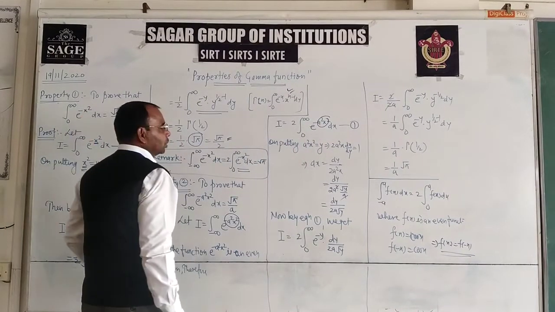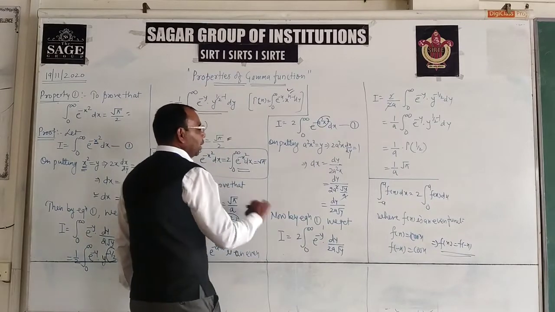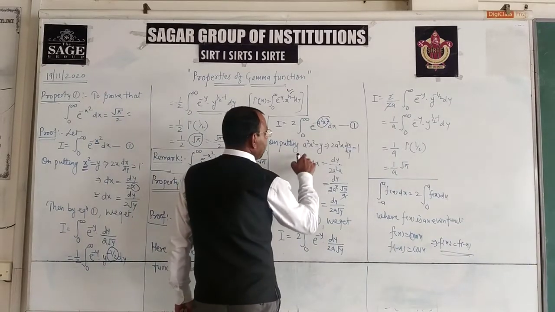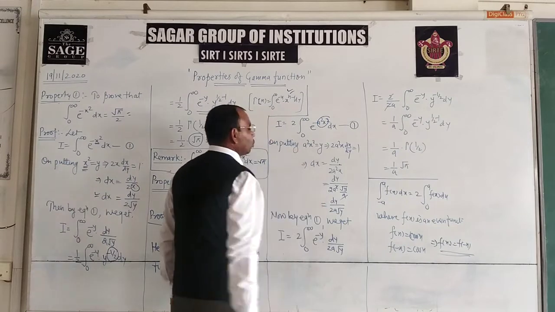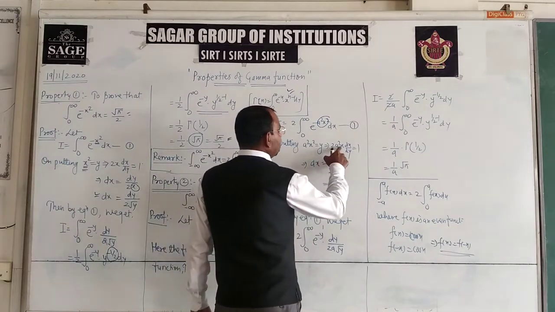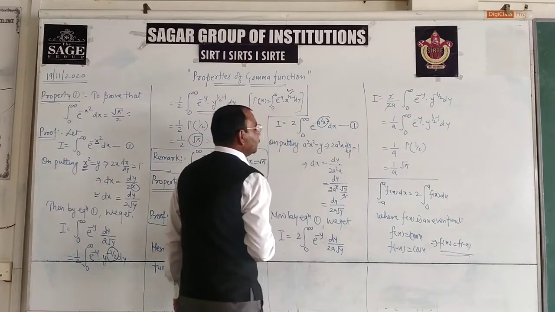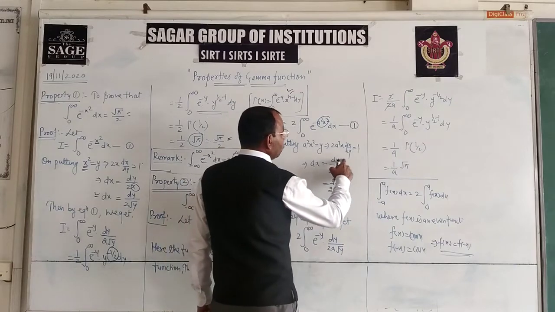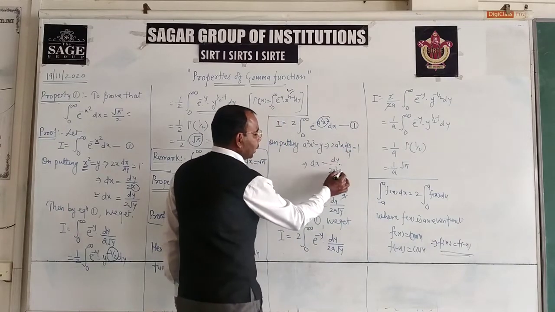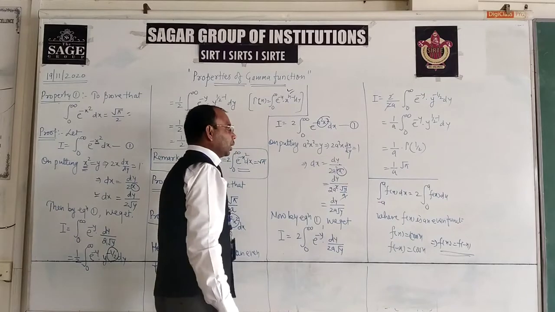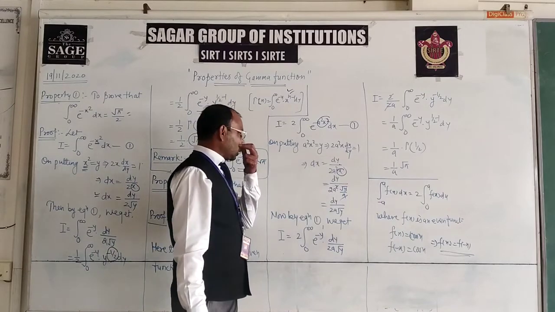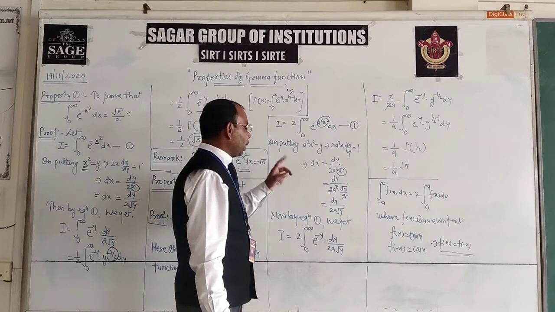As we saw in the first property, the substitution is a square x square equal to y. Now differentiating, 2a square x dx upon dy. This gives dx equal to dy upon 2a square x, and now all terms of x are changed to the y format.